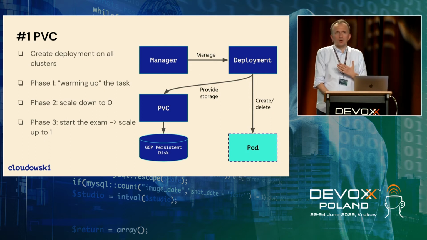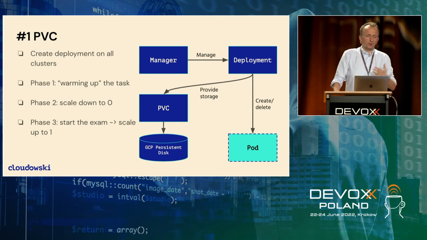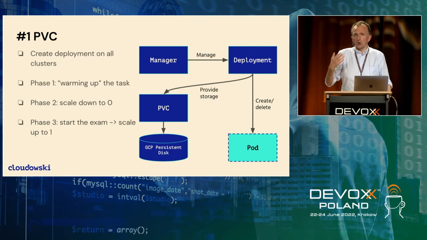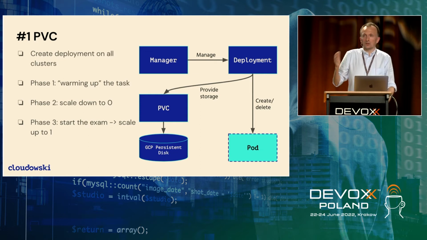During the first phase, we warm up the task, so this pod actually runs for a couple of minutes, like 20 minutes, during which it downloads all the artifacts that are required for this particular exam or task.